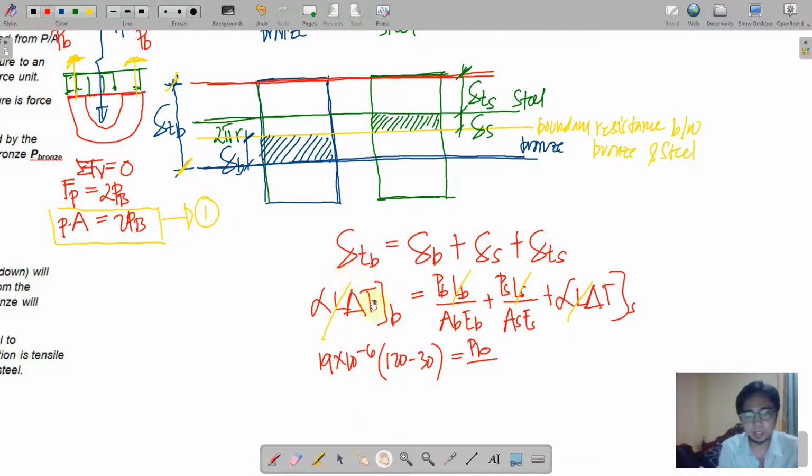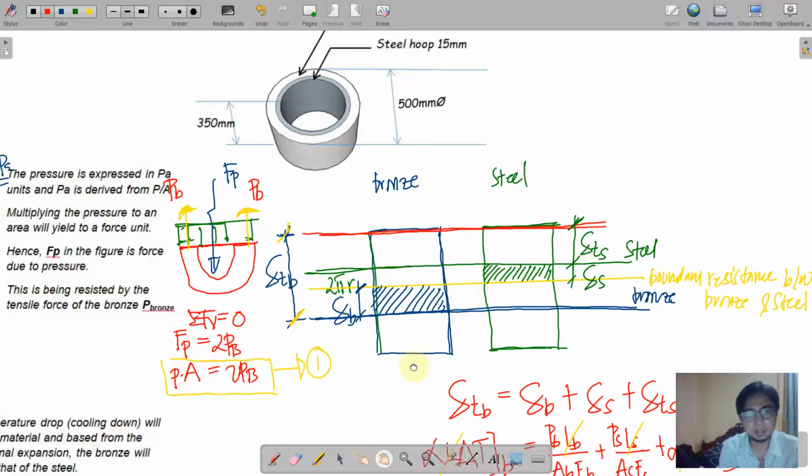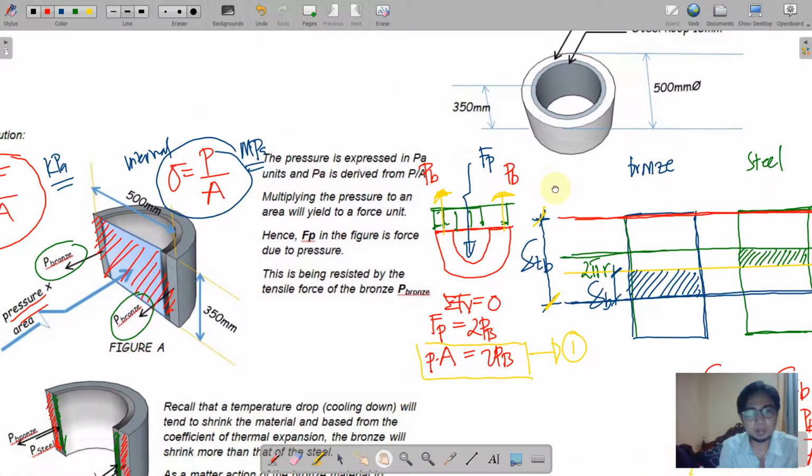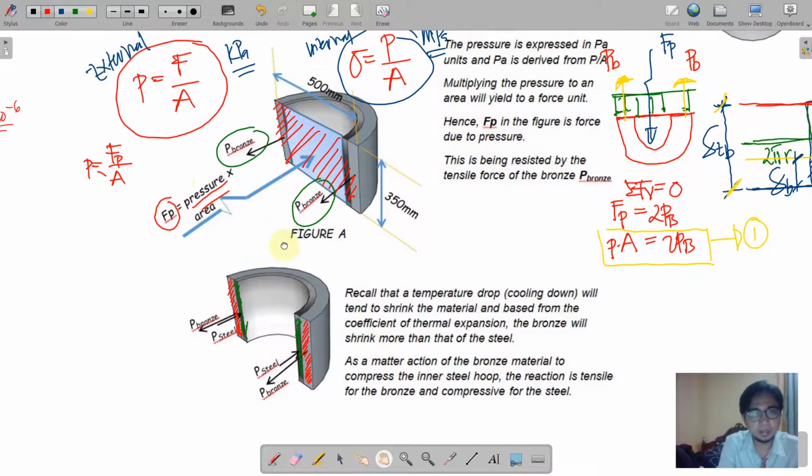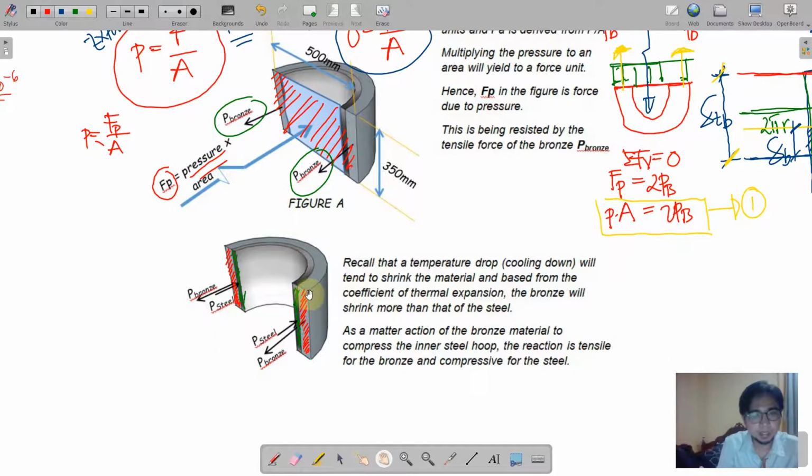Okay, so what is the area of the bronze to be considered here? If we have this one, the area is actually this red shaded portion here for bronze. And what is that red portion there? It is 350 by the thickness, right?